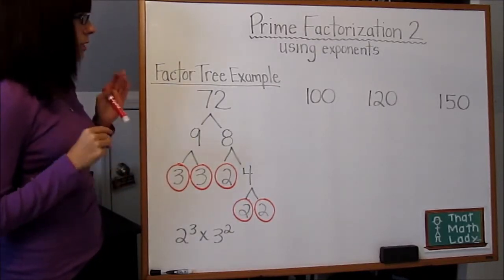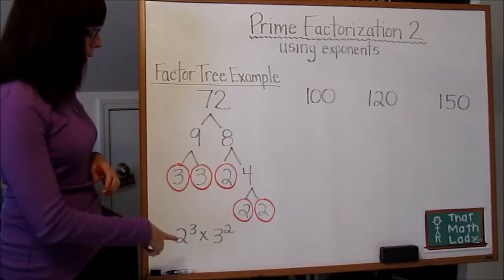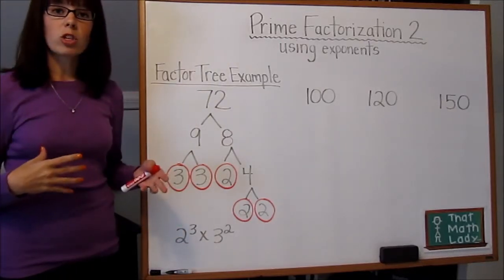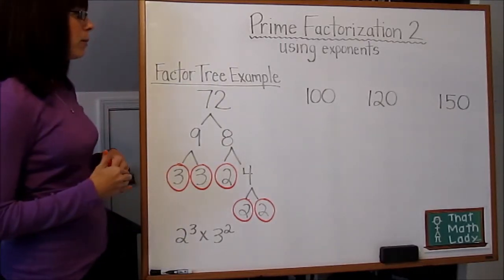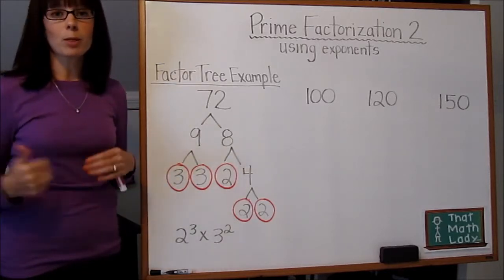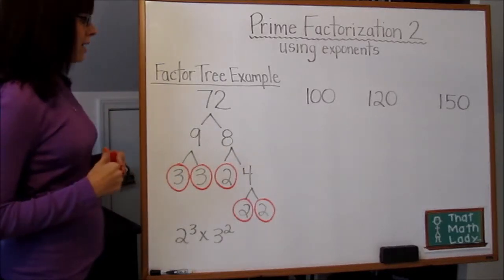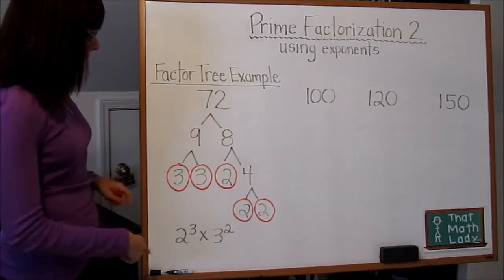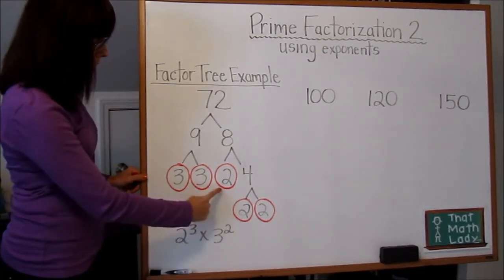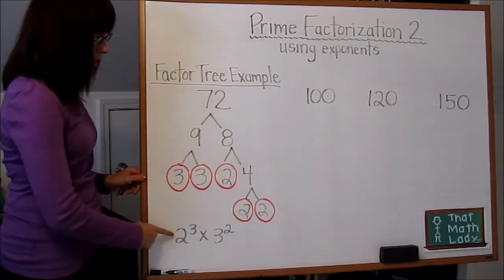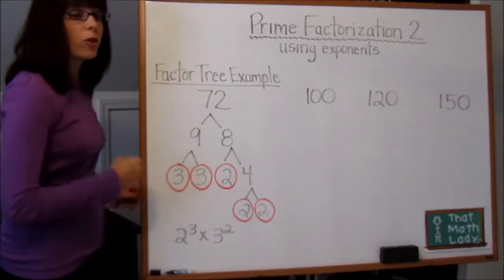Now, when we are using prime factorization, we use exponents to show if a prime number has been multiplied more than once to get that product. And in this case, the number 2 is multiplied 3 times. So we have 2 to the power of 3.